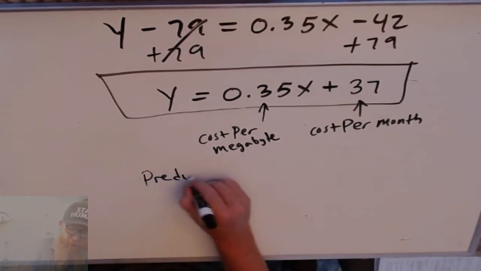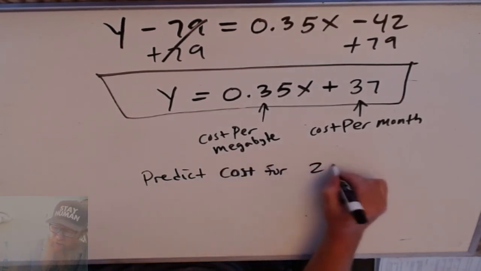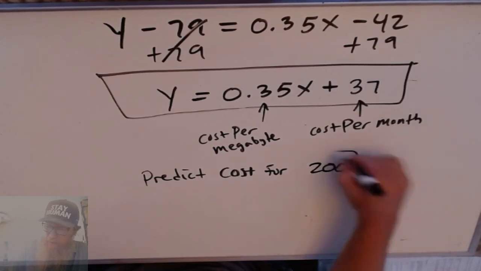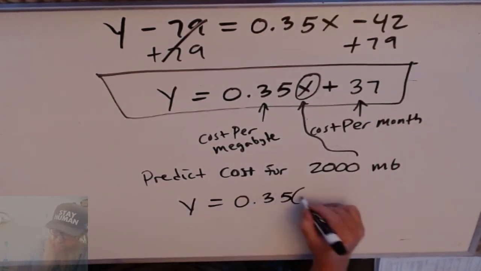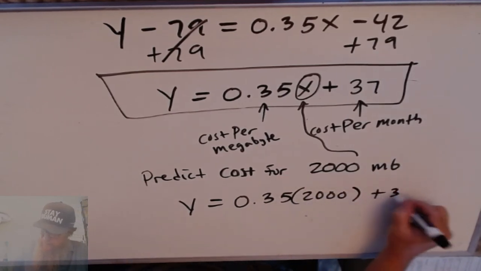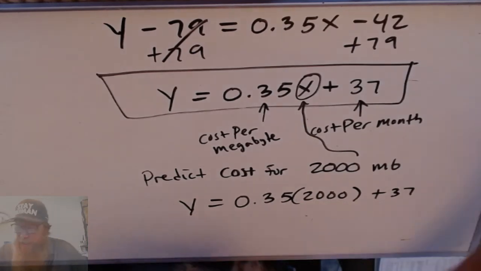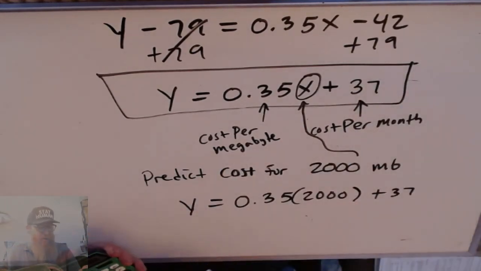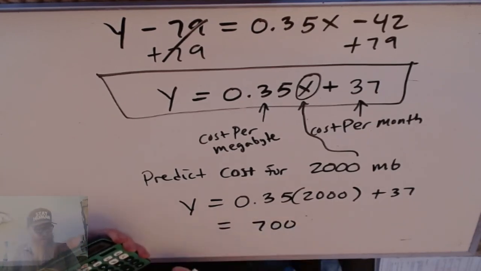So now we want to predict the cost for 2,000 megabytes. So we're just going to plug in 2,000. By the time you've paid for 2,000 megabytes, the $37 you're not really going to care all that much about. I think that's 700, but let me just double check.